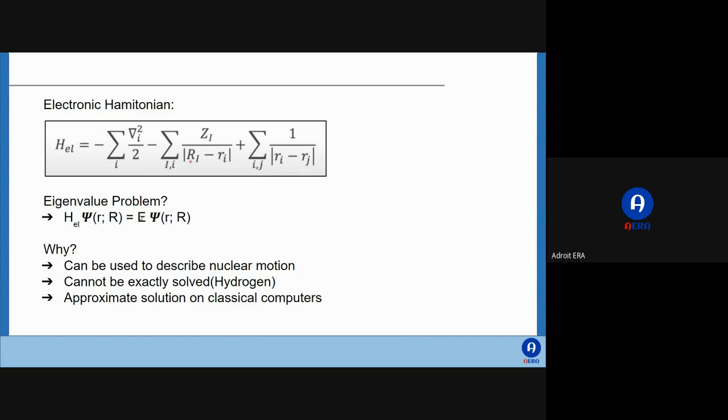Using classical computers, we only get an approximate solution. So we can use quantum algorithms like the variational quantum eigensolver to find a solution to the electronic Hamiltonian.